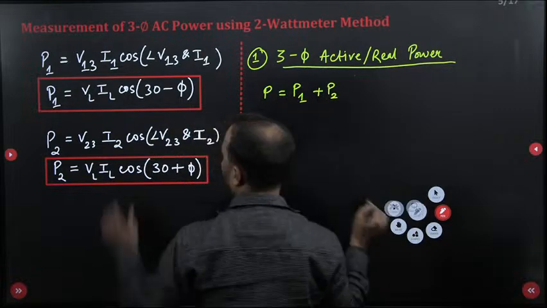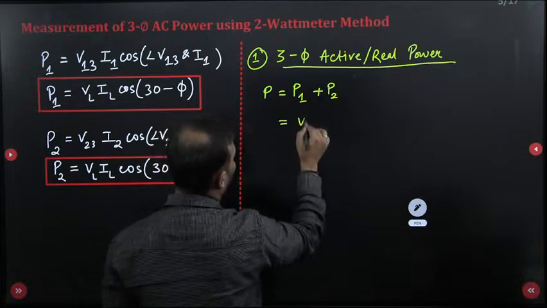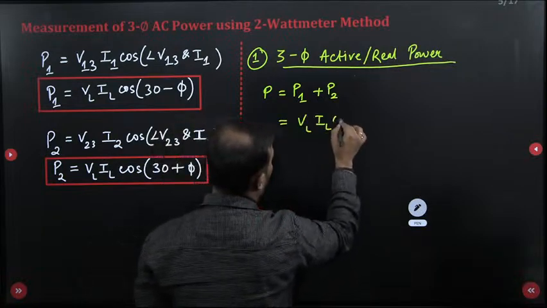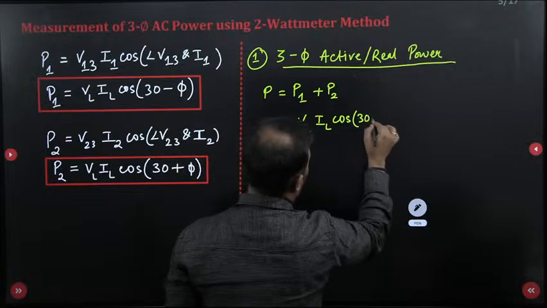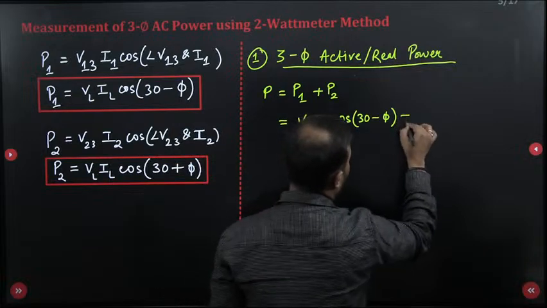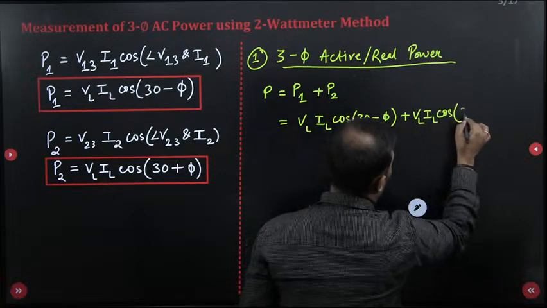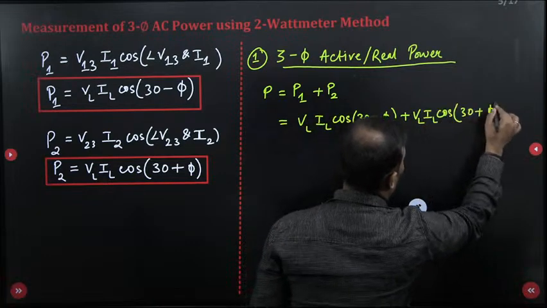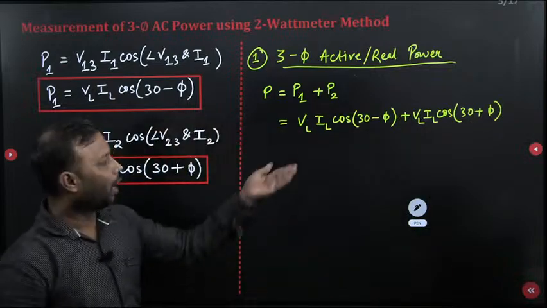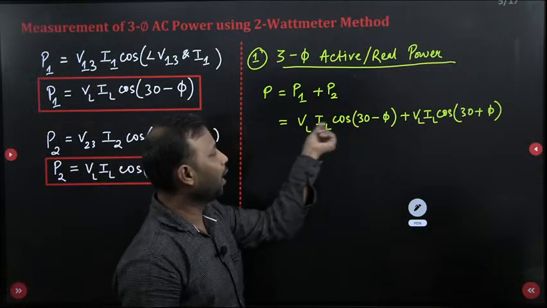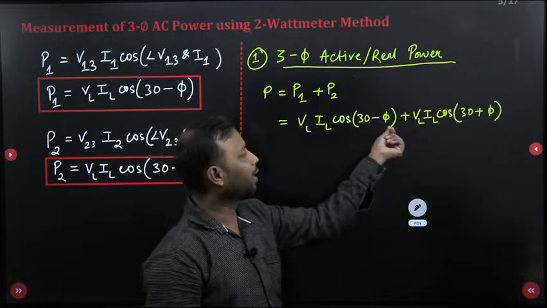Let us add both. What are we going to get? We are going to get VL IL cos of 30 minus phi plus VL IL cos of 30 plus phi. Done. So yeah, when you simplify this, take VL IL common, we'll get cos 30 minus phi plus cos 30 plus phi.